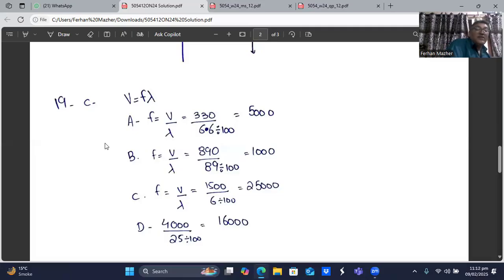Then we have C part: V divided by lambda, 1500 divided by 6 divided by 1000, and that is 25,000 hertz. This can be ultrasound. Ultrasounds are those sound waves whose frequency is more than 20,000 hertz. So in the D part, the frequency is 16,000 hertz.